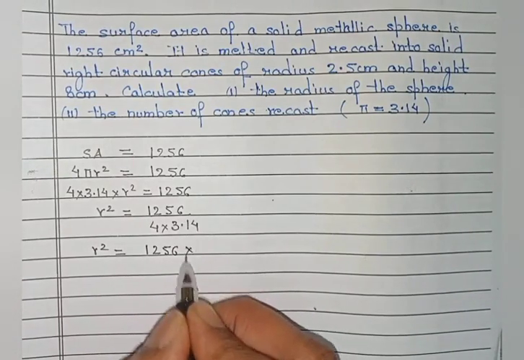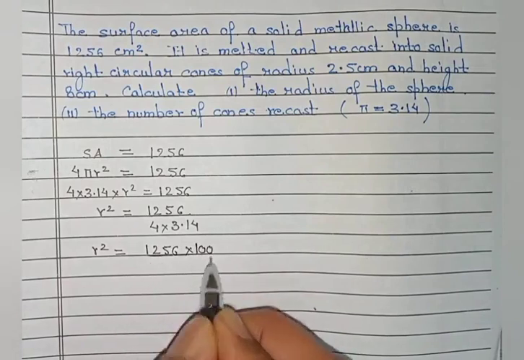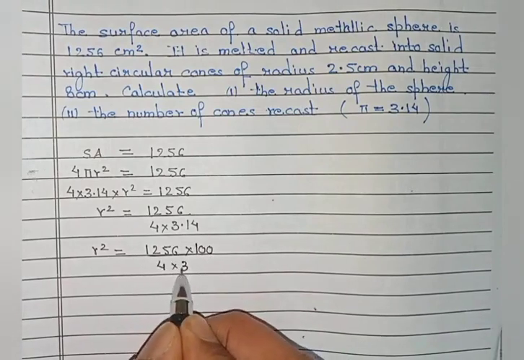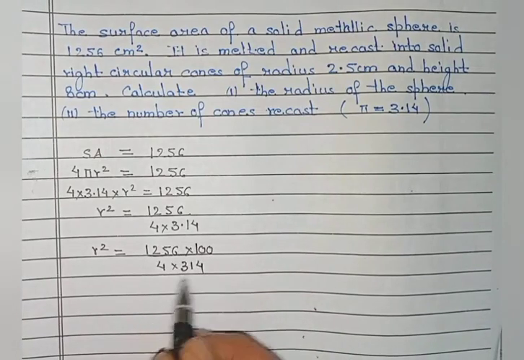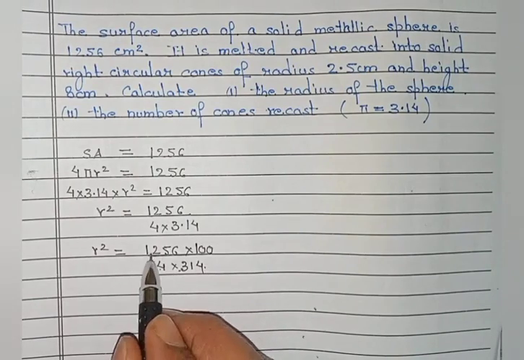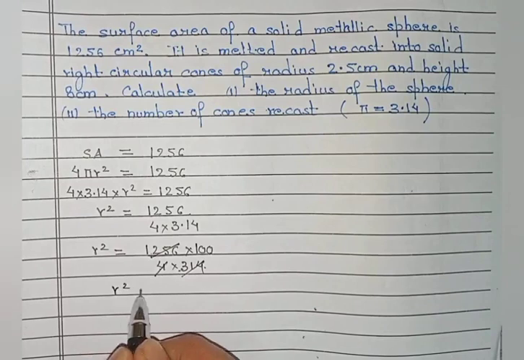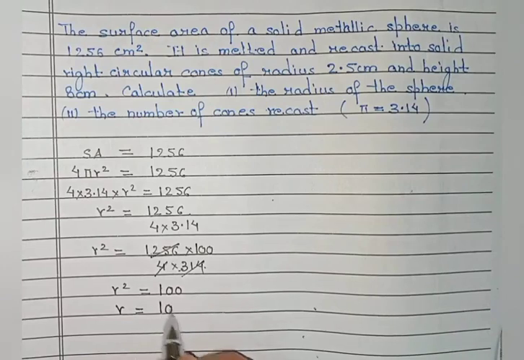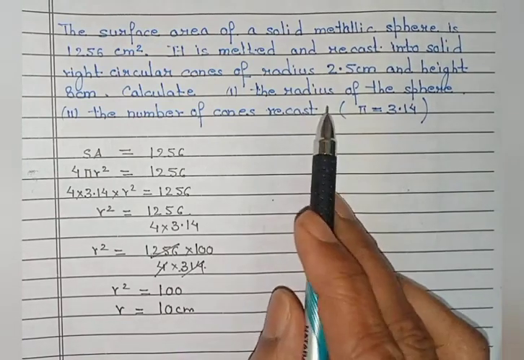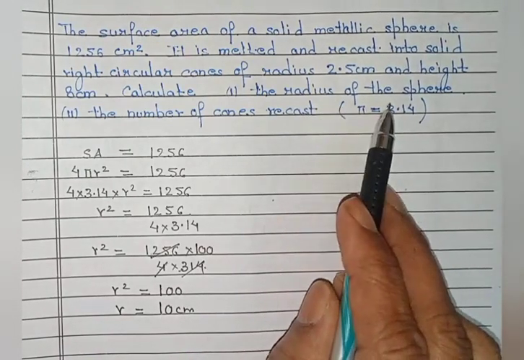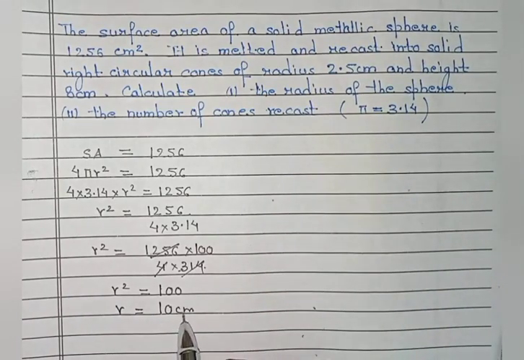You remove the decimal, 1256 upon 4 into 314. Now 314 multiplied by 4 will give us 1256. This will cancel out. So r square is equal to 100, so the radius will be equal to 10 centimeter. So the first part says you have to find the radius of the sphere. So the radius of the sphere is 10.